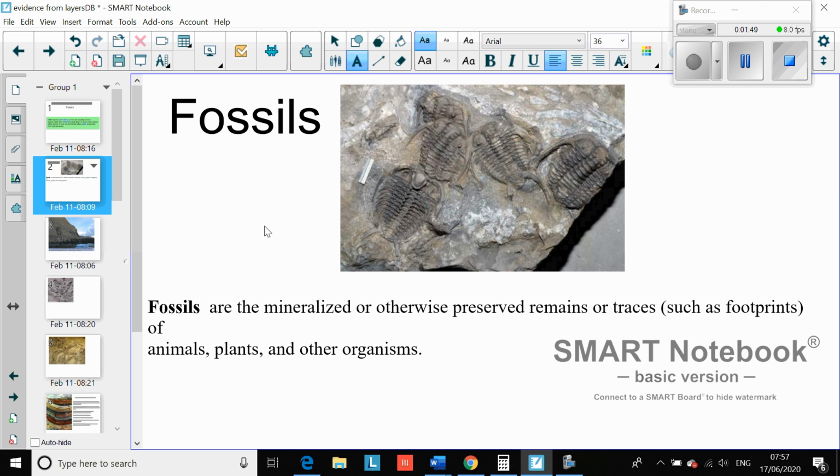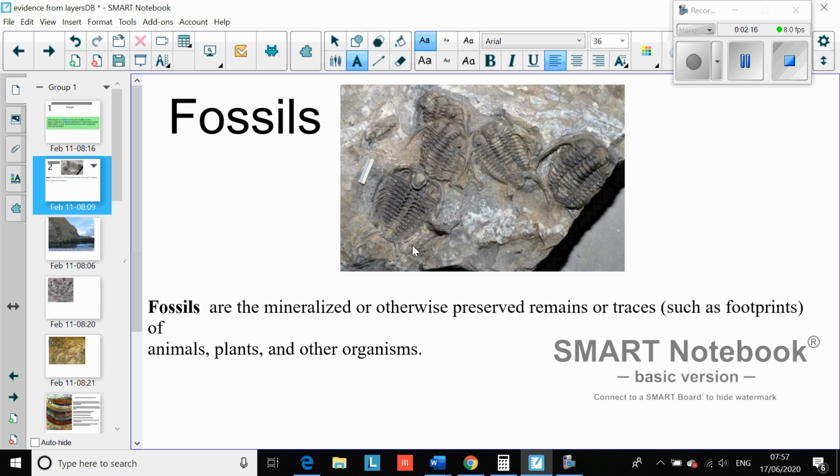So, fossils are the mineralized or otherwise preserved remains or traces, such as footprints, of animals, plants, and other organisms. Okay, so you see here, in this rock, we've got what appear to be creatures, and if you've ever seen or touched a fossil, you'll realize that these, what look like bones, actually have become stone themselves.